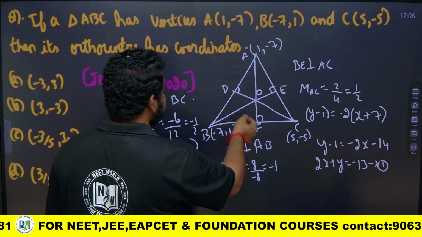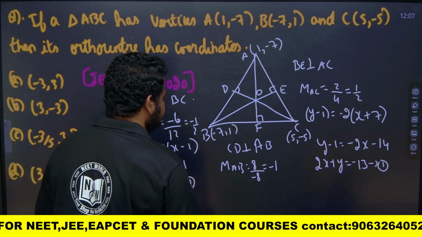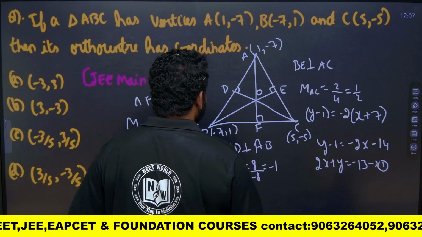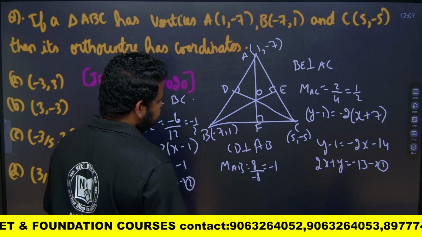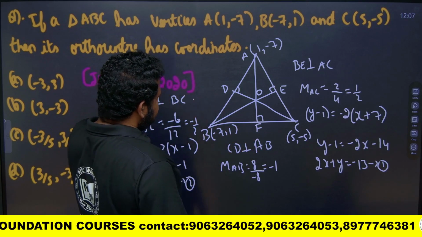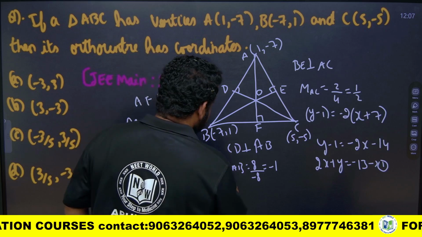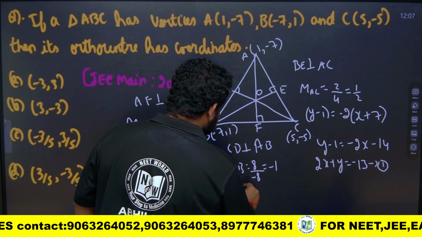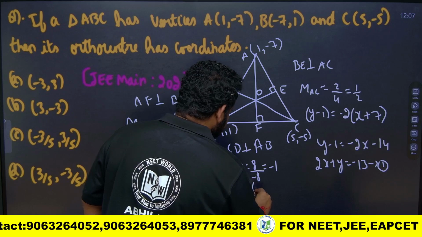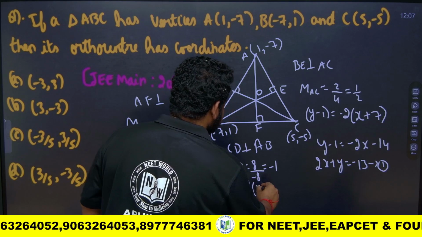Now what about the equation of the line? Not AF, it should be the equation of the line CD, right? The equation of the line CD we have to take. Using the one point form, that is y minus y1, which is y plus 5, equals 1 into x minus x1. X minus x1 is x minus 5.